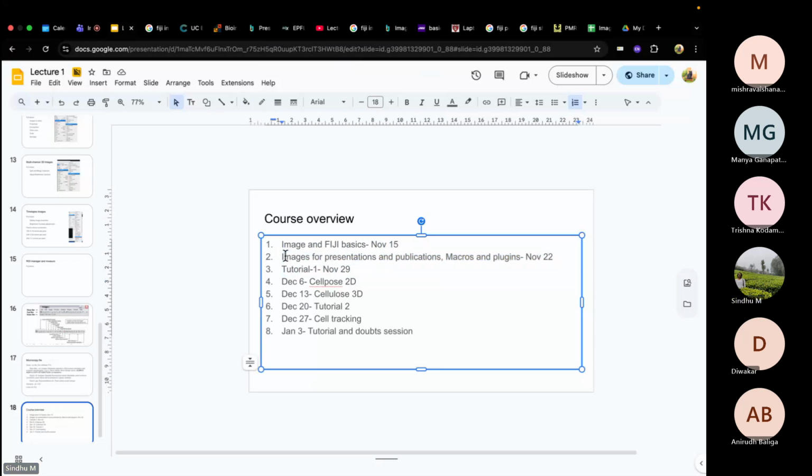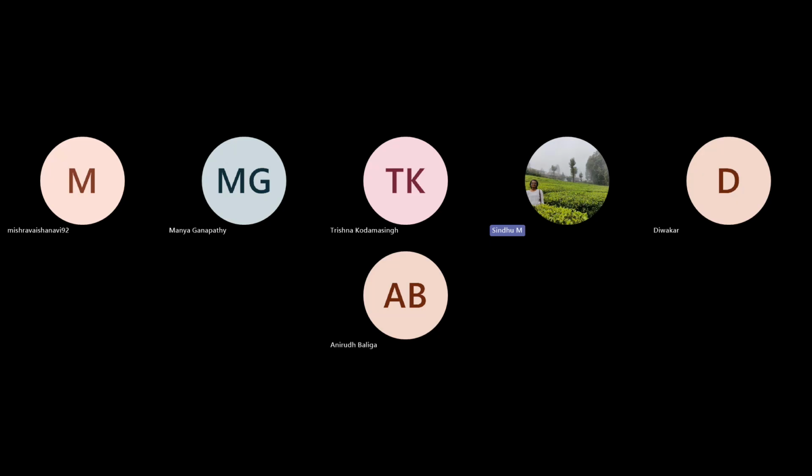Like you have to put the scale bar, and when you're putting two different images, they have to have the same brightness and contrast setting. And then you have to put a timestamp. And how do you annotate the images? Suppose you're making a supplementary video for the paper, you might have to write some text. How do you add that?